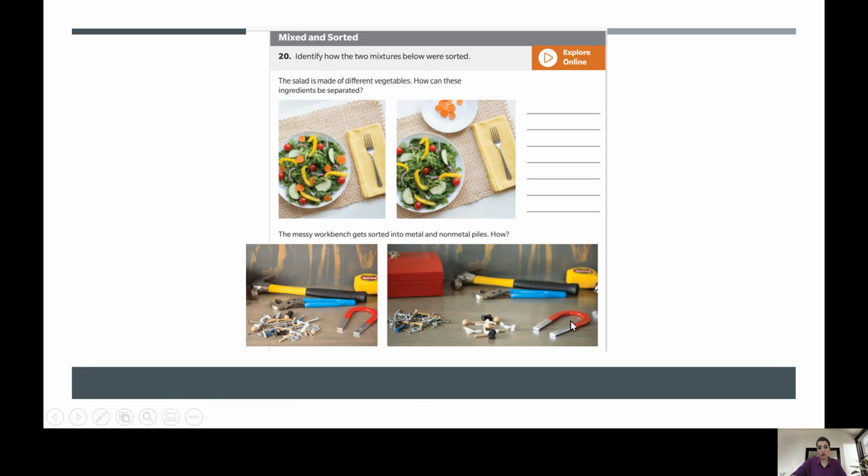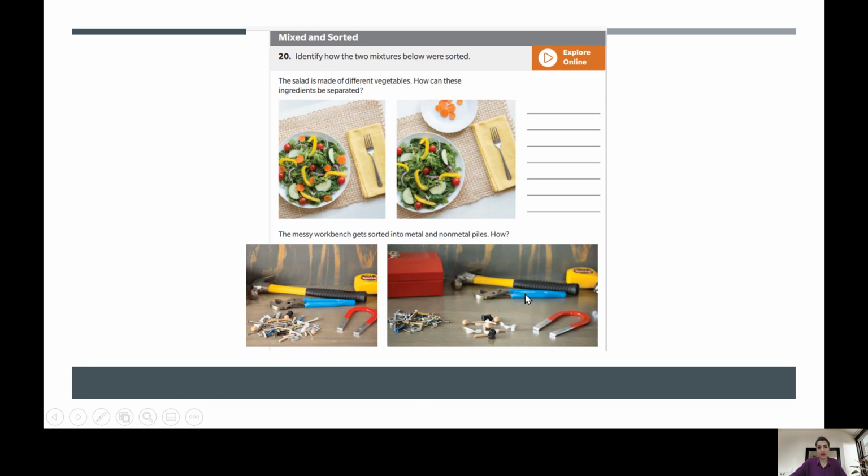The magnet collects only the metal items. The non-metals like plastic or wood will not be attracted to the magnet, and this is a way we sort metals from non-metals.